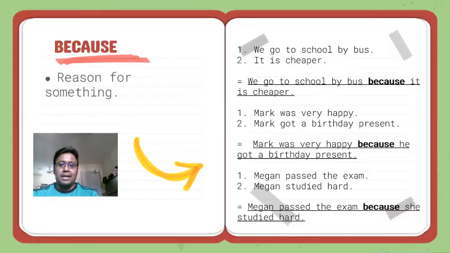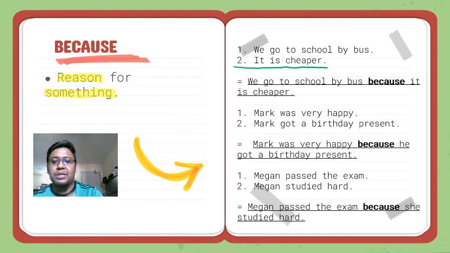Because, as I mentioned just now, is used to give a reason for something. So now let's take a look at the example here. We go to school by bus. It is cheaper. Sentence number 2 is the reason.